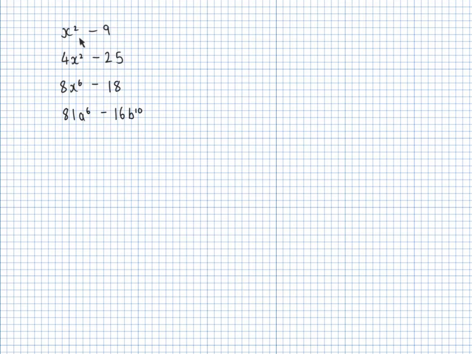This is also a quadratic expression, and I can see that the middle term, if it was written in the format ax squared plus bx plus c, the bx is actually 0x here. So if I was to rewrite this, I can say that this is x squared plus 0x take away 9.